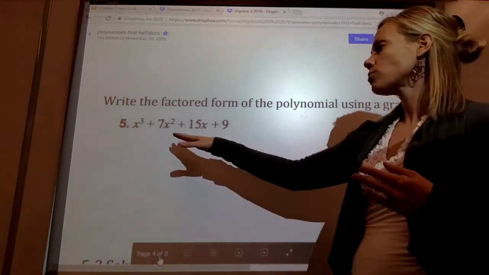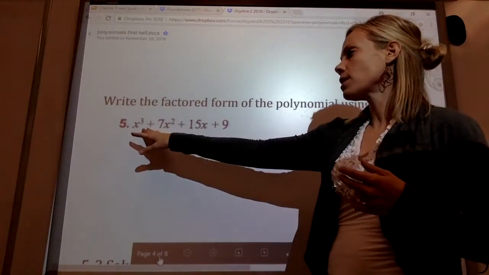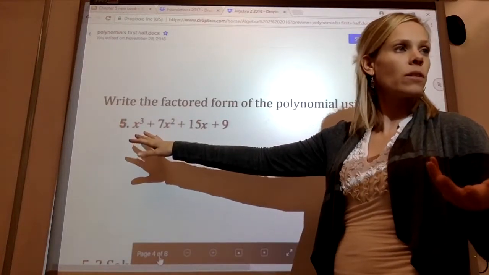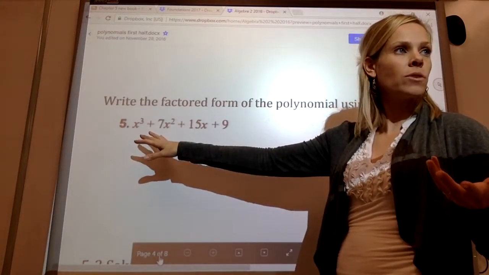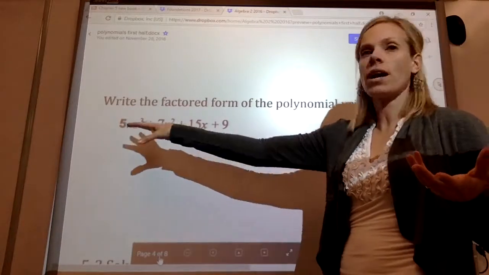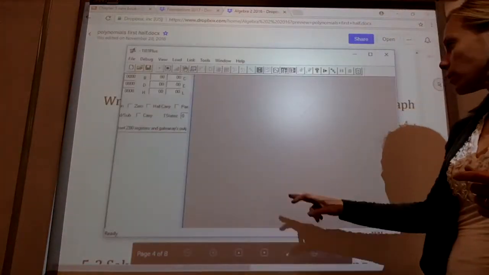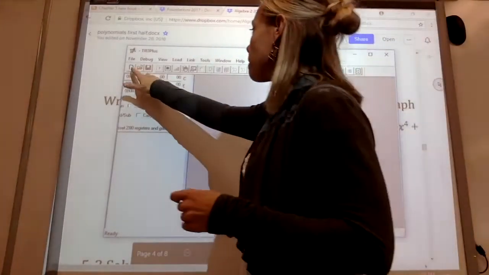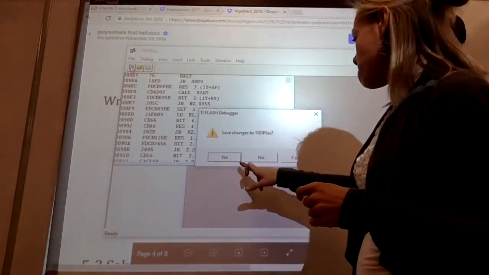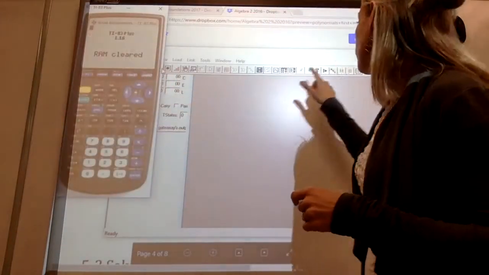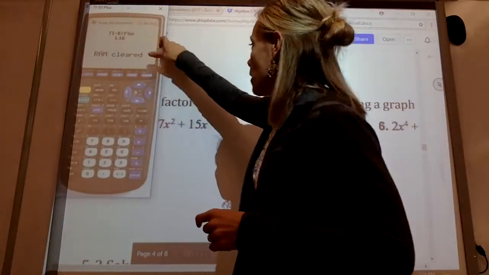So we're going to write the factored form of this using the graph. That means I need to know what my roots are, right? In order to have the factored form, I need to know what the roots are. I don't know how to factor this yet. Okay? So let's open up the graphing calculator and graph it.